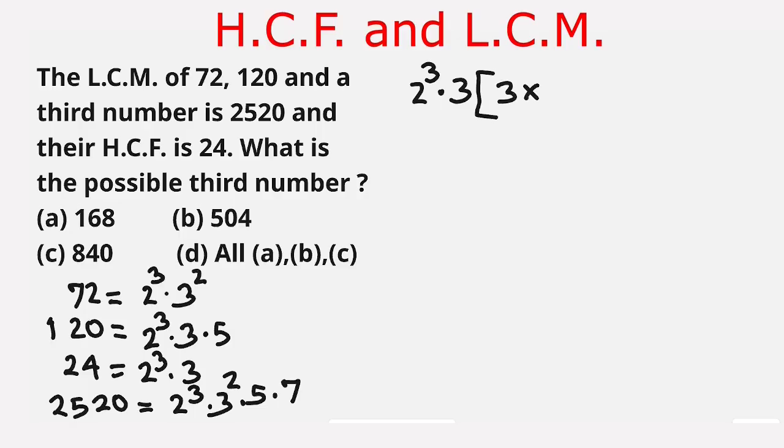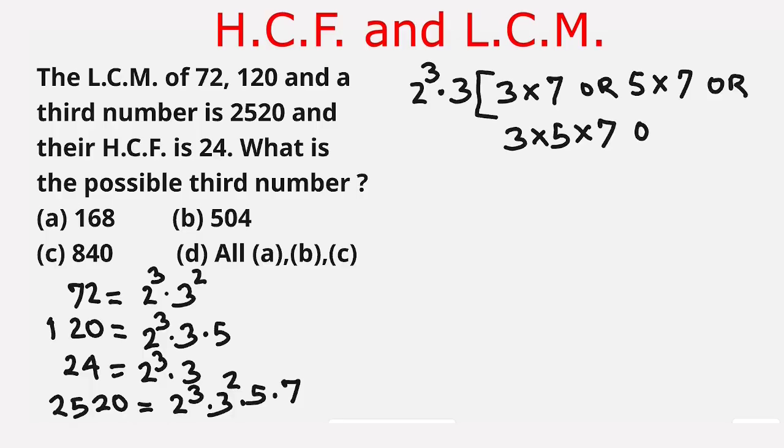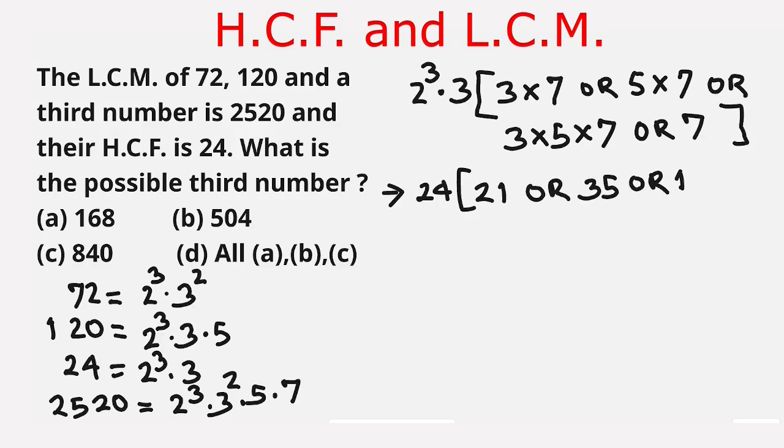The other number must contain 1 3 and 1 7, or 1 5 multiplied by 7, or 1 3 multiplied by 5 multiplied by 7, or just 7. So if we expand these, it will become 24 into 7 times 3 is 21, or 35, or 105, or 7.